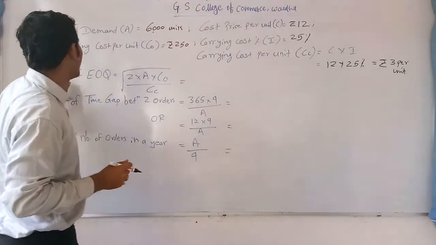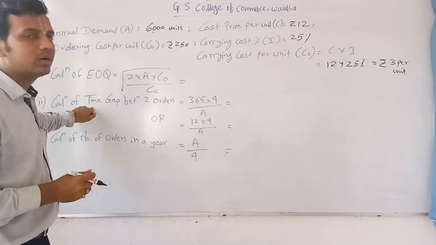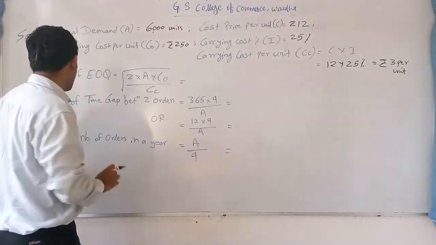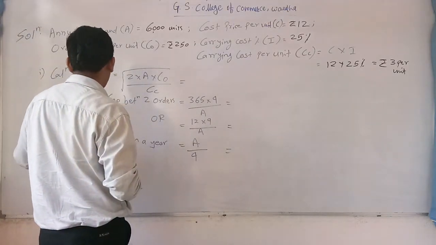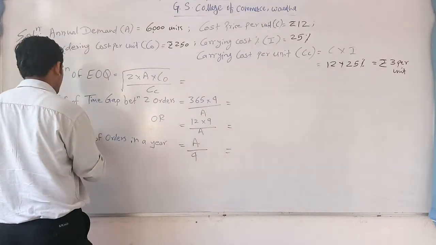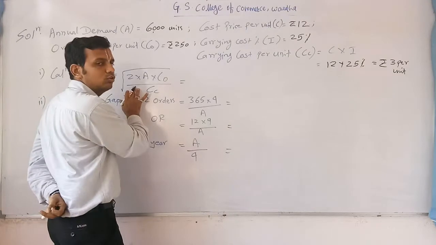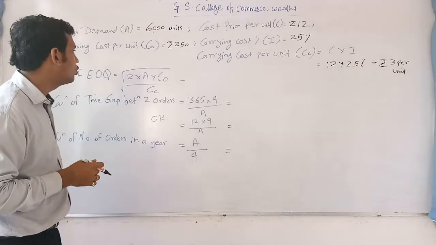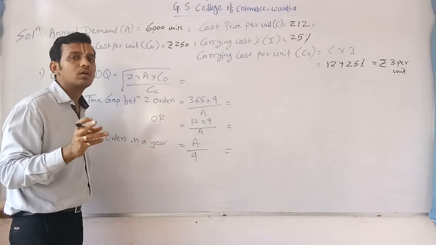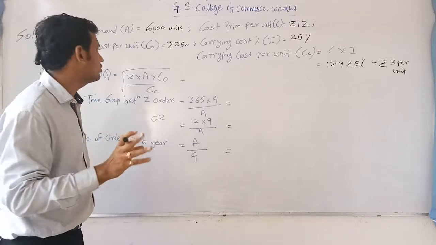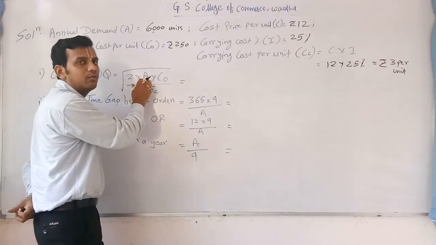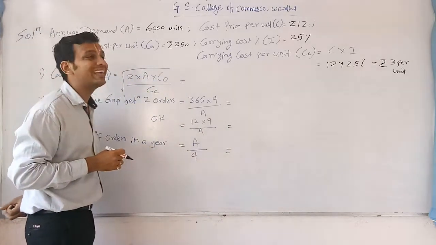Now the question asks us to calculate EOQ, time gap between two orders, and number of orders to be placed annually or in a year. That is what is being asked in the question. We will start with the solution for calculation of EOQ. The formula which we studied in the last lecture was under root twice annual demand into ordering cost divided by carrying cost.